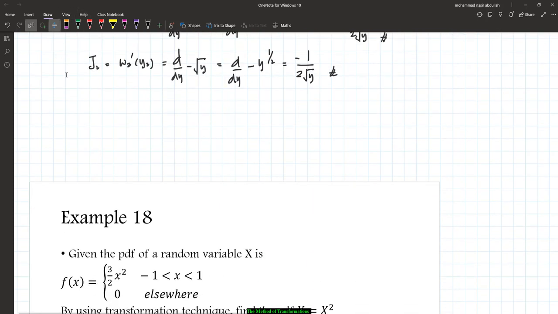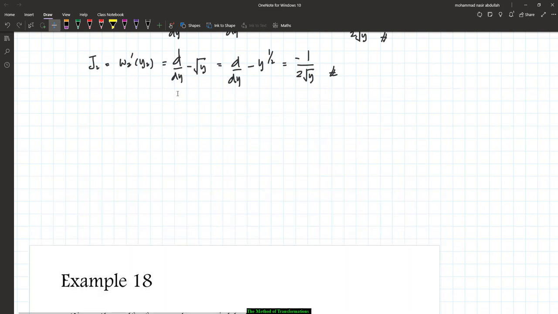Right, next step is color ni. So G Y should be equal to, the formula is summation of F W Y multiply with the J I, right?